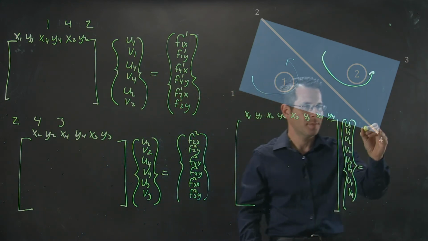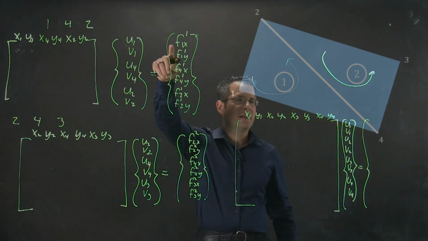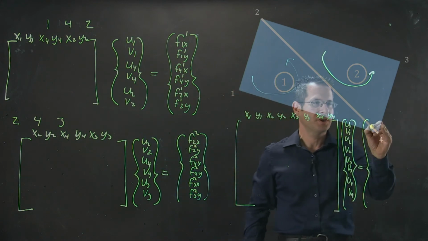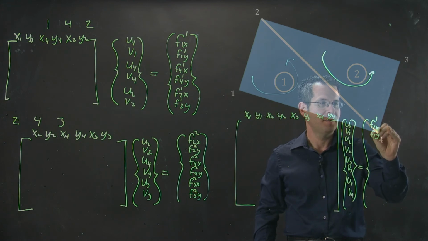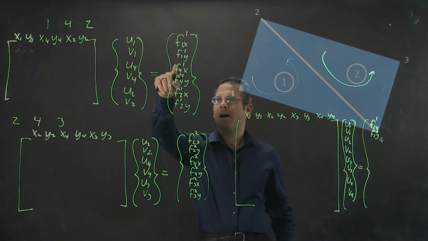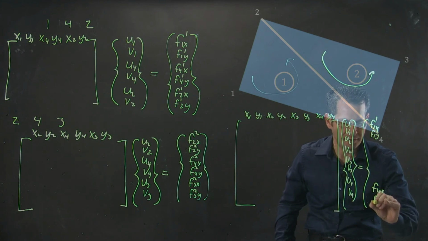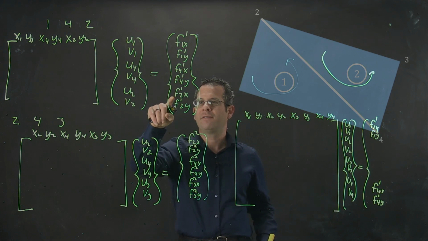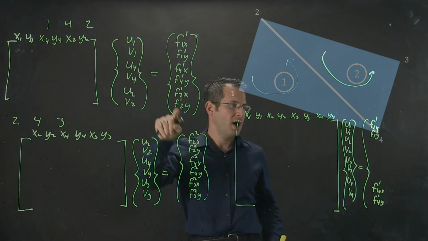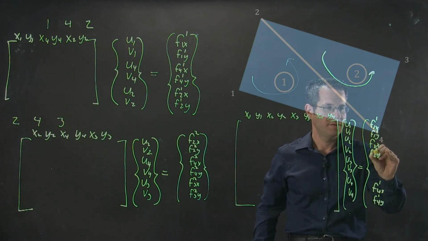So to form my global force vector, I have F1x, F1y from the first element, F4x, F4y from the first element, and F2x, F2y from the first element.